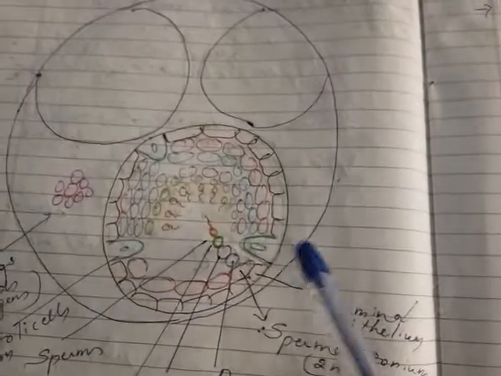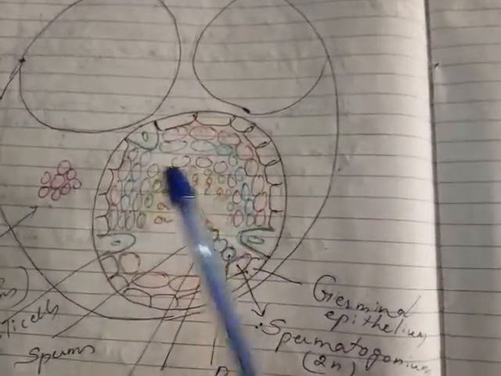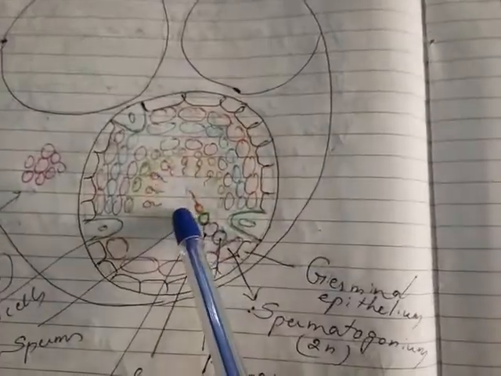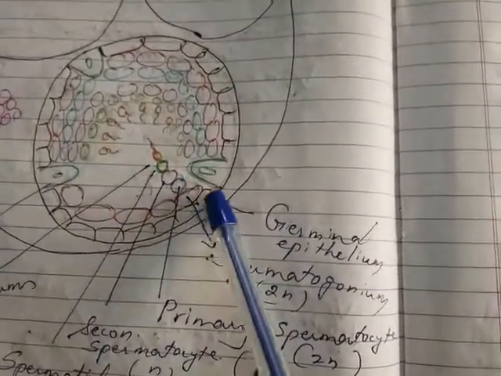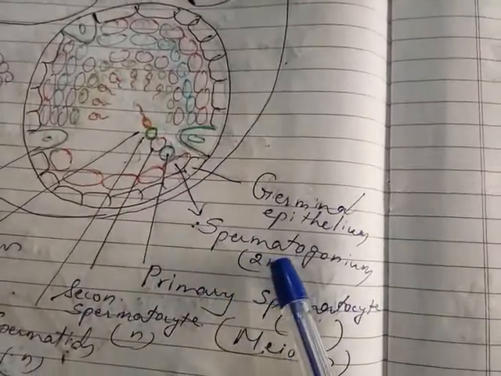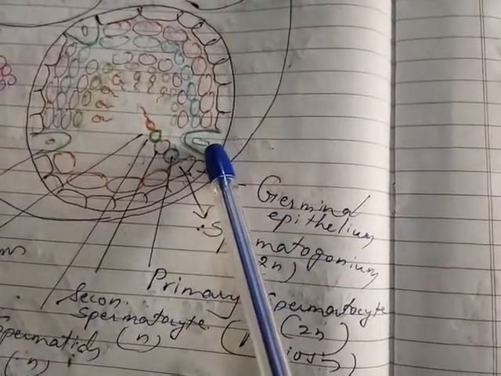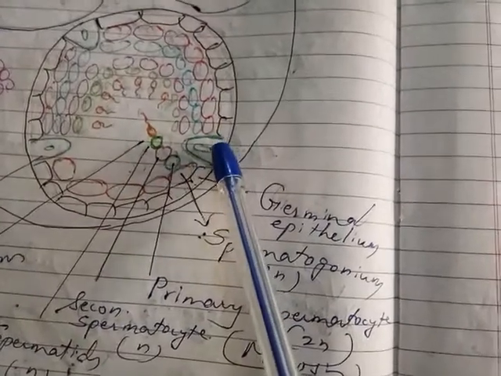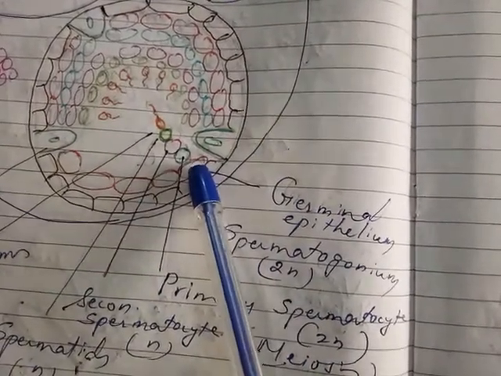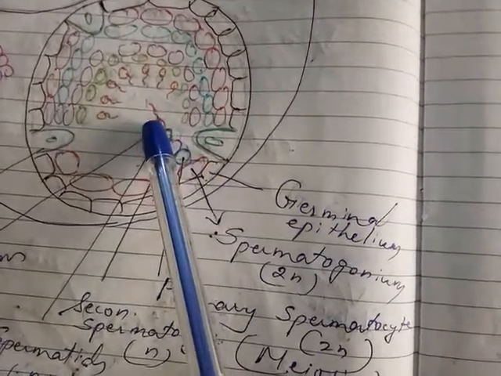If we see the TS of the seminiferous tubule, in the testicular lobule 2 to 3 such seminiferous tubules will be present. The outermost layer has spermatogonia, and in between them Sertoli cells are present. Sertoli cells provide nutrition to the germ cells, and the spermatogonia undergo meiosis to produce the sperm.